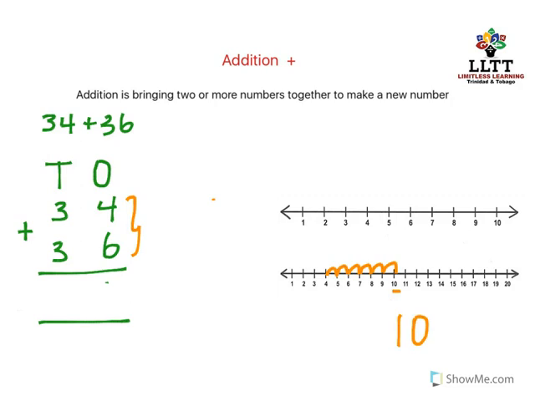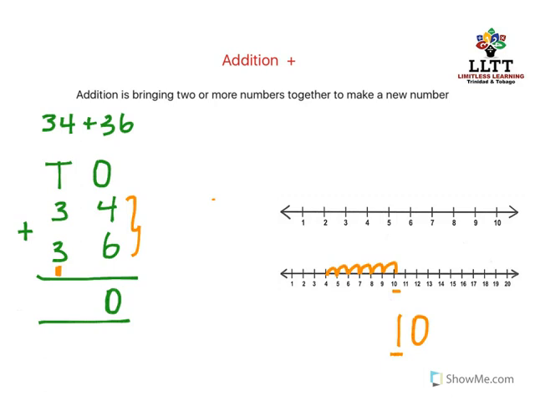I can't write 10 in the ones space, right? 10 is 1 ten and 0 ones. So what I'm going to do is put my 0 under ones, and this 1 ten, I'm going to have to add it to my tens column.